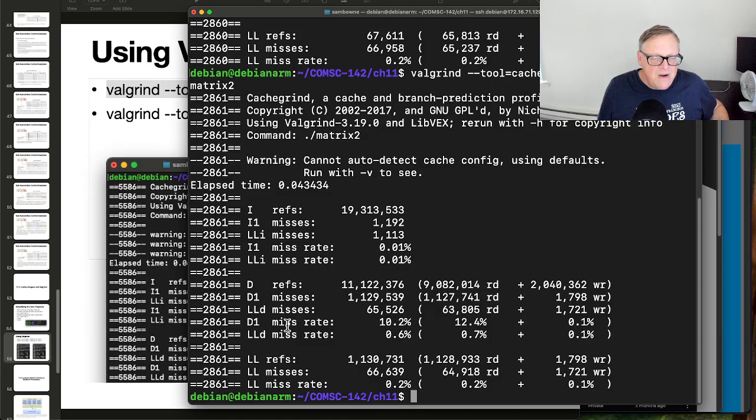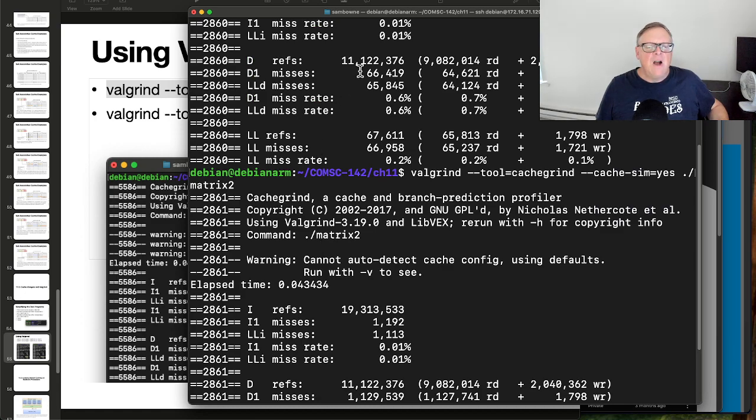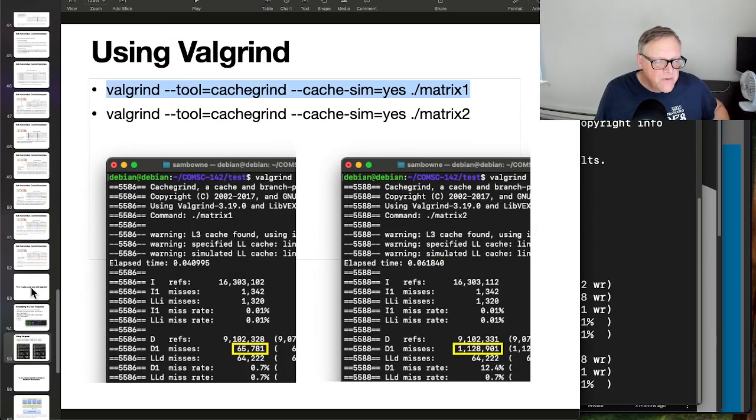Now my D1 misses are 1 million. So that's the point. By accessing the indexes in the array out of order, I made tons and tons of unnecessary misses. So that's why it's much, much slower. Like we saw, it's twice as slow in this case, twice as long.